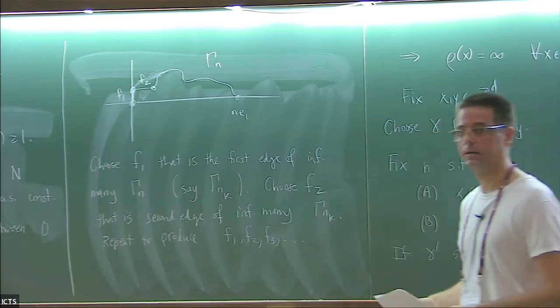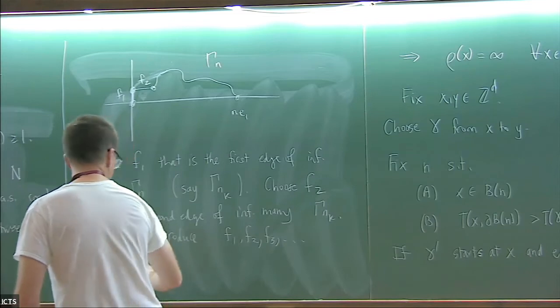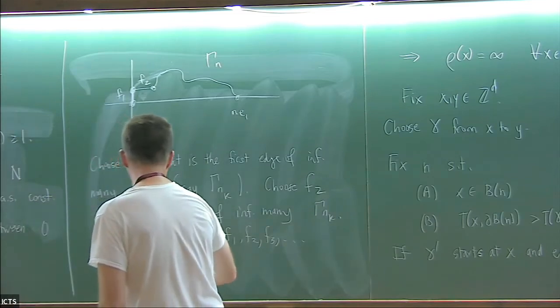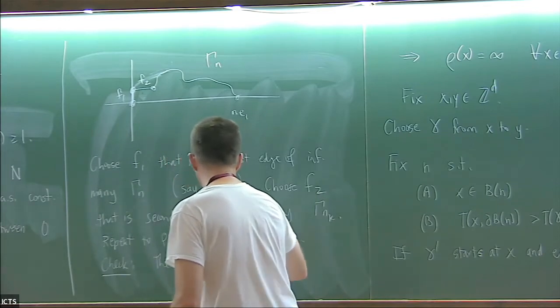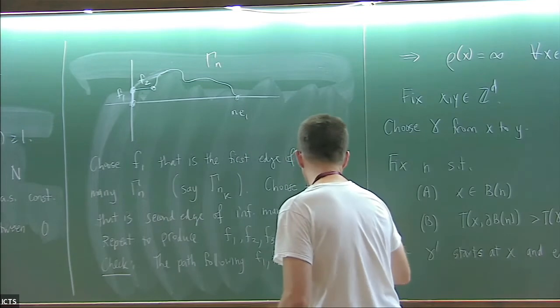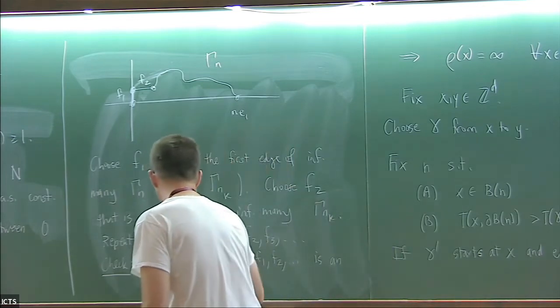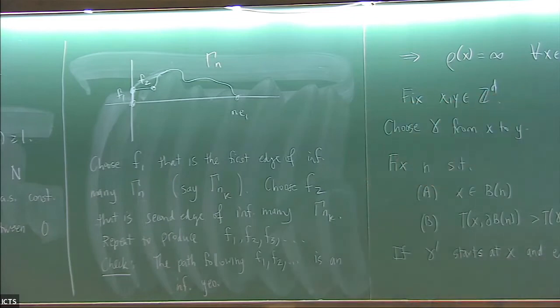They form an infinite path, and you can check that the path following F1, F2, and so on is an infinite geodesic. Because any finite segment of it is going to be contained in one of these finite geodesics, but segments of finite geodesics are finite geodesics. Right?